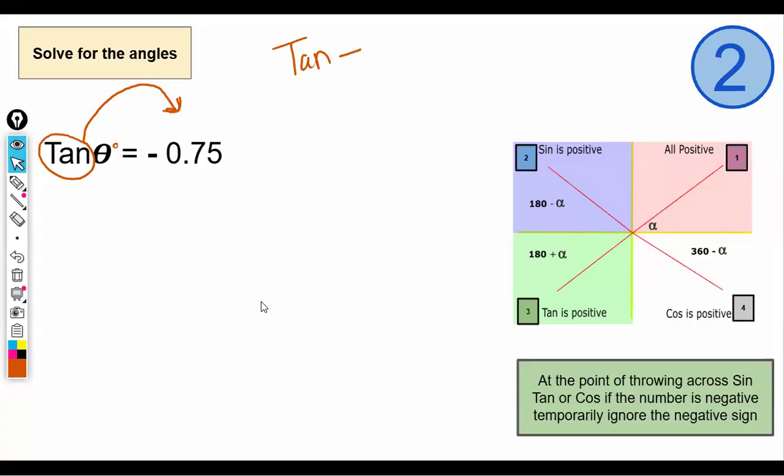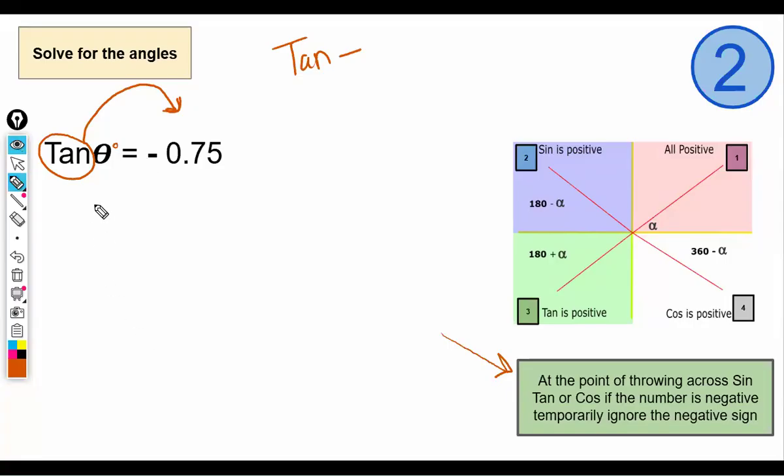So how do you deal with a question when a negative is waiting? Look at this note here. Whenever you're throwing across the tan and you see a negative, ignore the negative sign. I know it sounds like bad advice, but that is what the note is saying.